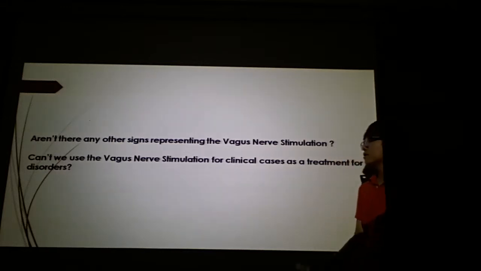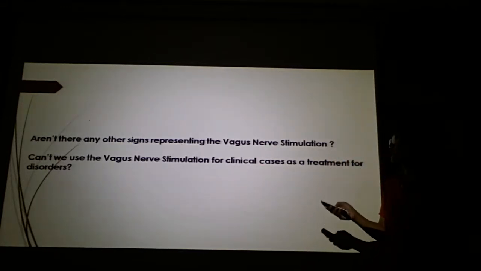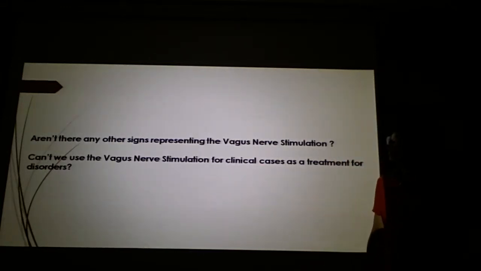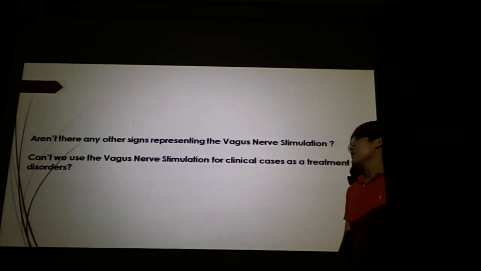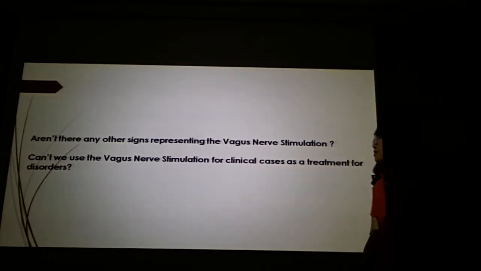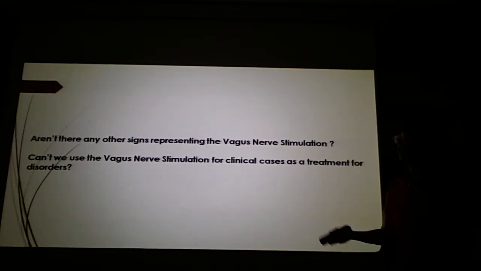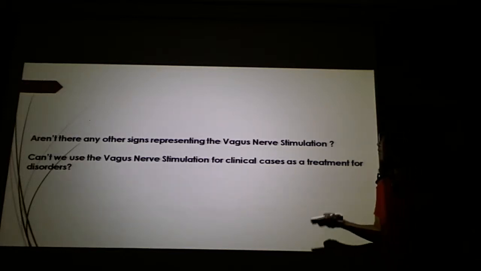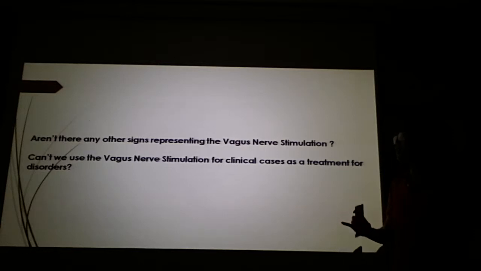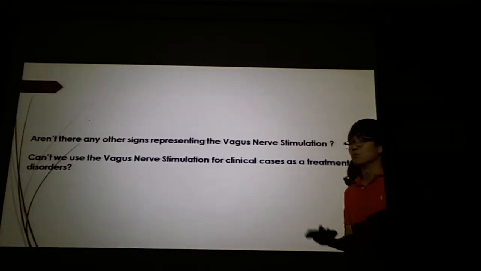This is the end of the experiment, and finishing the experiment, I had 2 questions in my head. The first one was, are there any other signs representing the vagus nerve stimulation? Since we have a lot of signs representing the vagus nerve stimulation, I thought there would be something more.